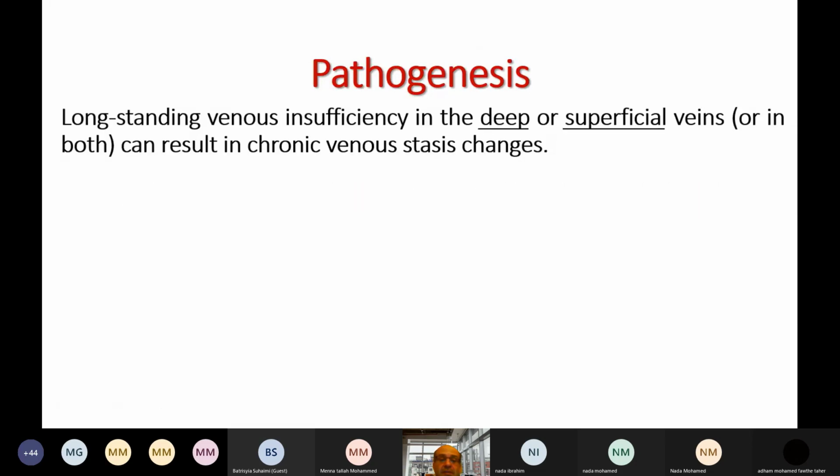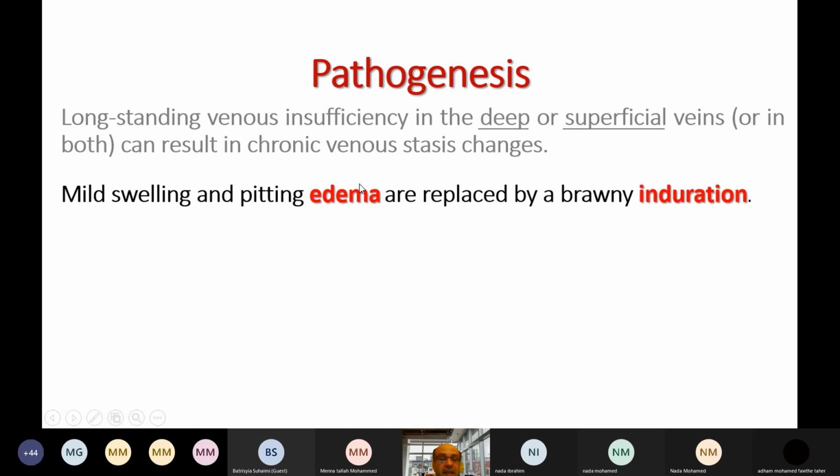We may have other complications for the patient in long-standing venous insufficiency. That's to say, in long-standing primary varicose veins or in secondary varicose veins, I have a high deep venous pressure, resulting in edema, as we have said before. Due to this edema, components of the blood will escape from the vessels to outside.